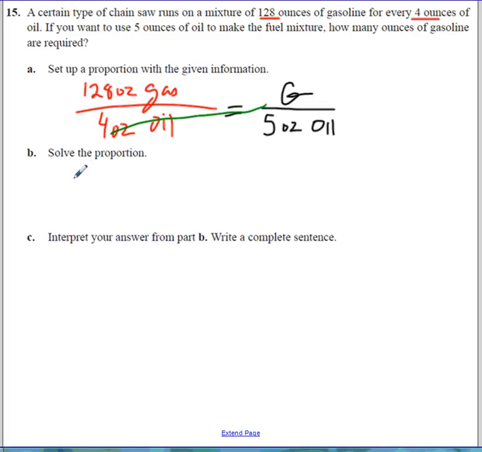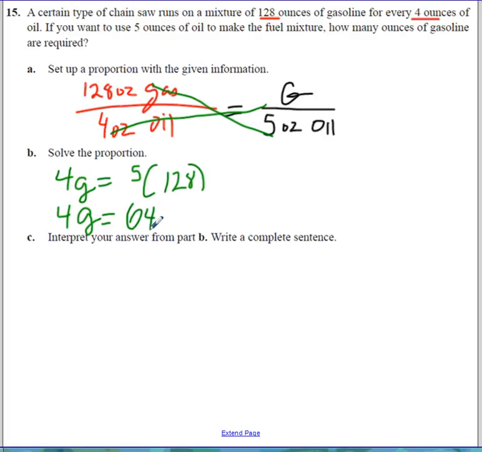Our 4 is across from our G, and that's the same as 5 times 128. And so for G, when we multiply 5 times 128, we get 640. And we'll need to divide both sides by 4 to be able to get the variable G by itself. And that equals 160.